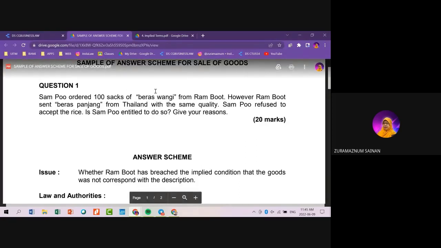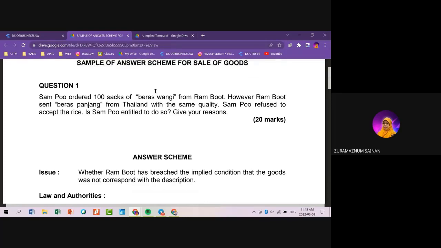By virtue of section 15, mention section 15 of the Sale of Goods Act. If the goods supplied do not correspond with the description, what happens? The buyer is entitled to reject the goods, avoid the contract, because it is a breach of an implied condition, the main term. Yesterday we distinguished the difference between warranty and condition, right?